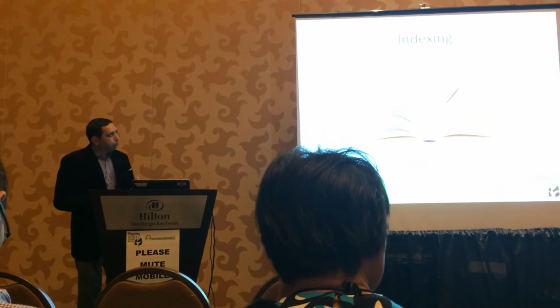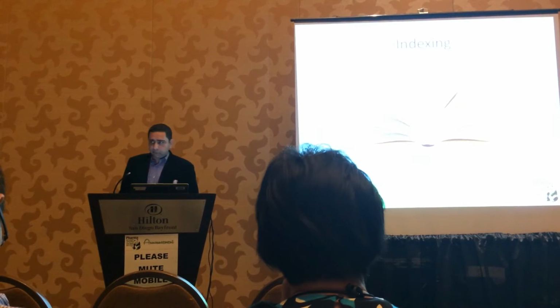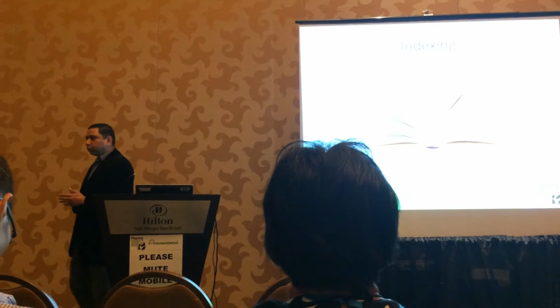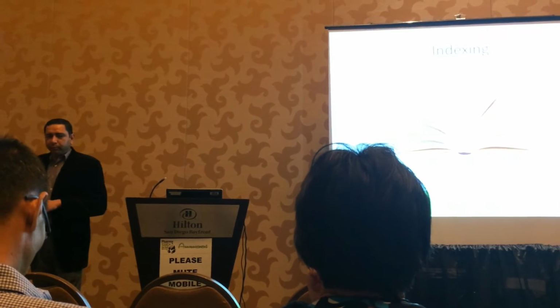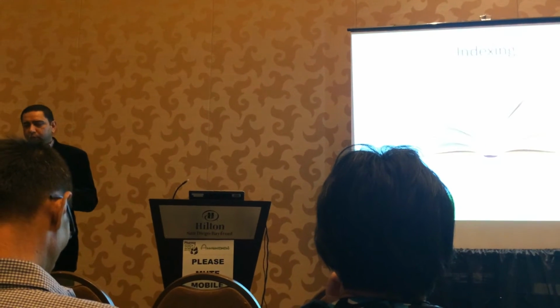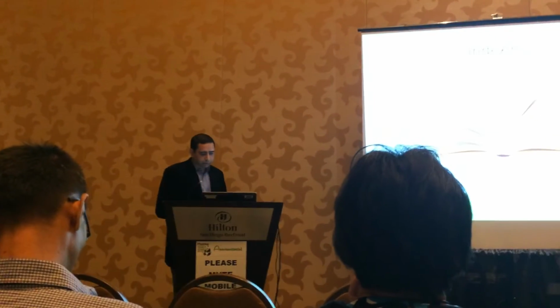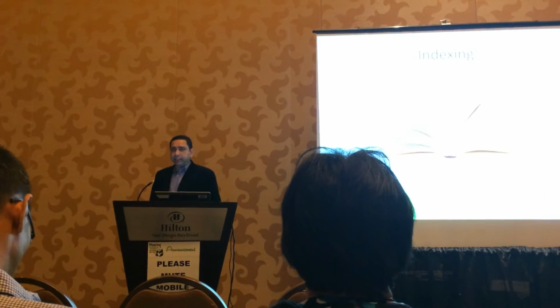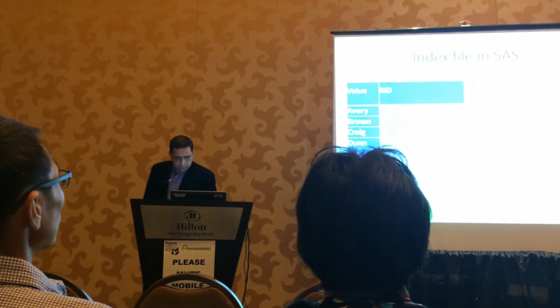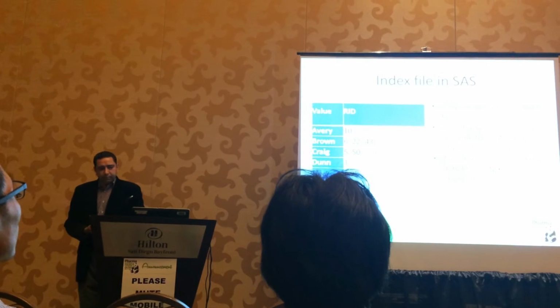Now think about the same 2,000-page book with a table of contents. You want to look for a certain topic. You just go to that particular page, point at that page, and you are there. And that's exactly what indexing will do. It will save us time.